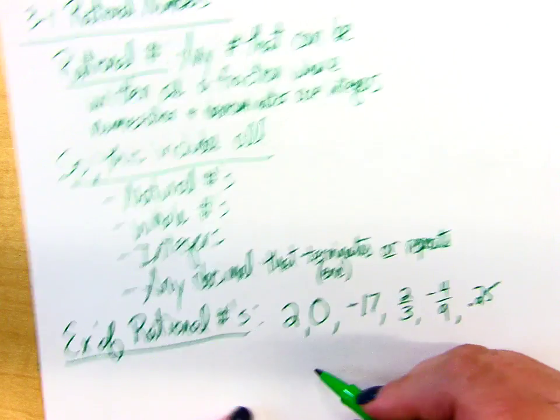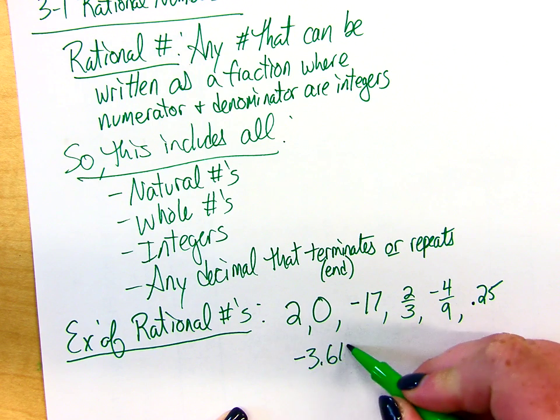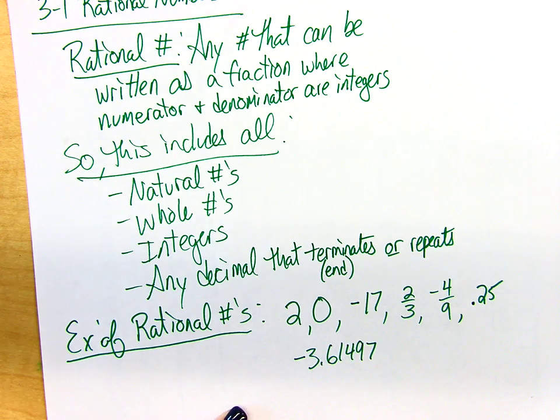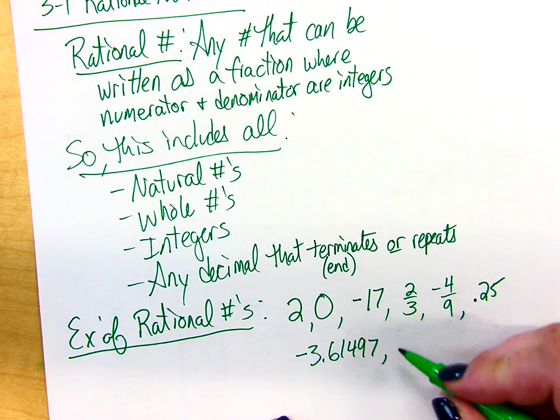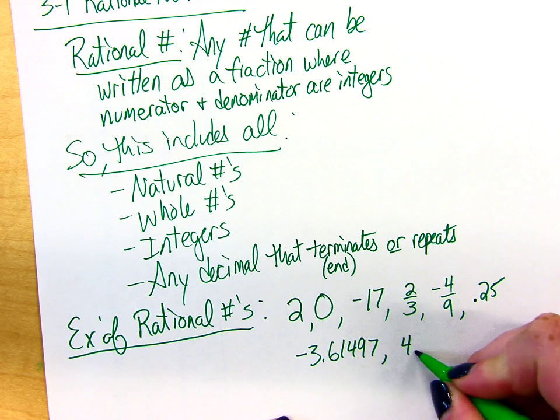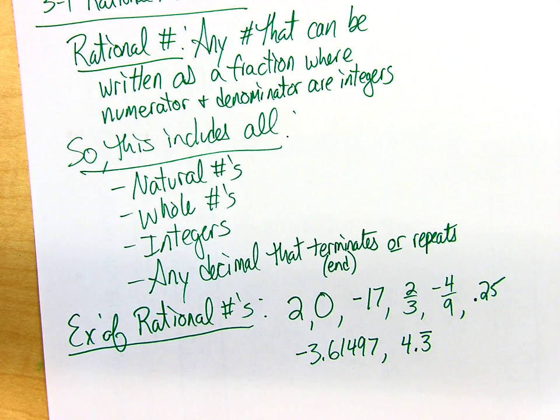What about this number? Negative 3.61497. Is that rational? Yeah, because it ends. There might be a lot of decimals, but it doesn't matter. It ends. What about something like this? What's that bar over the 3 mean? Repeating. It means repeating. Are repeating decimals part of the rational family?